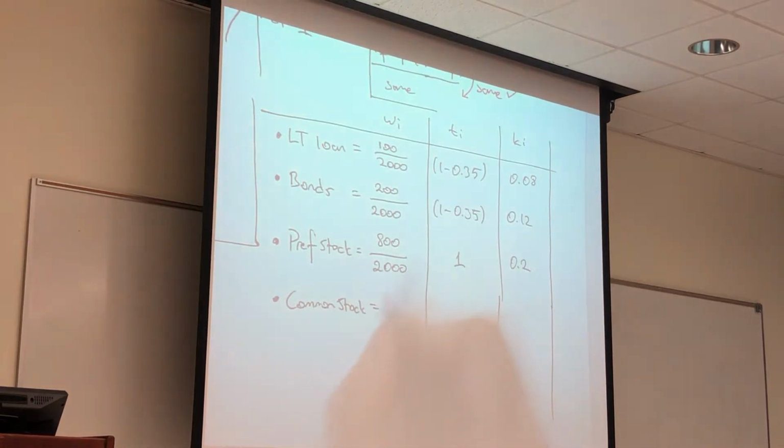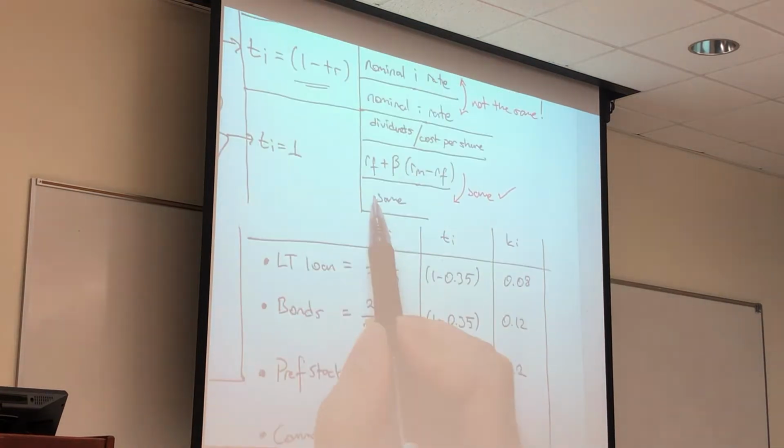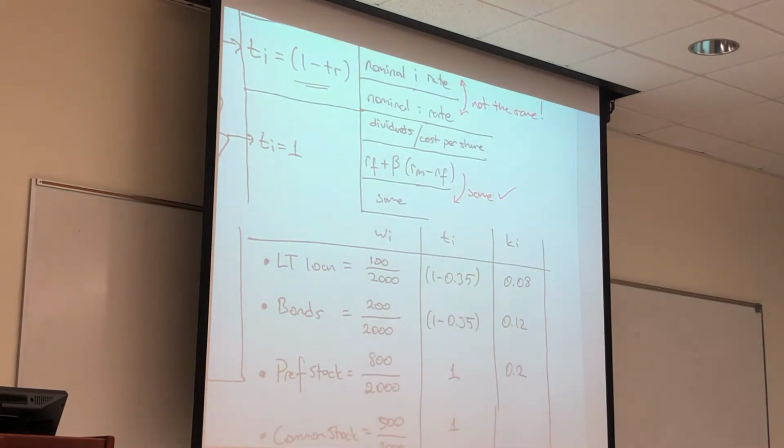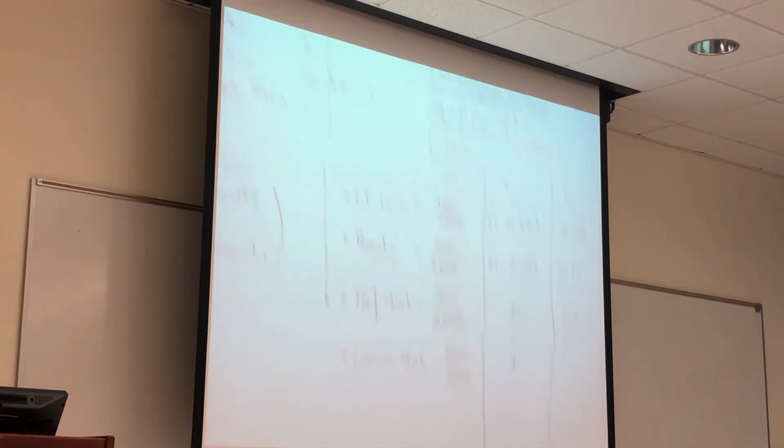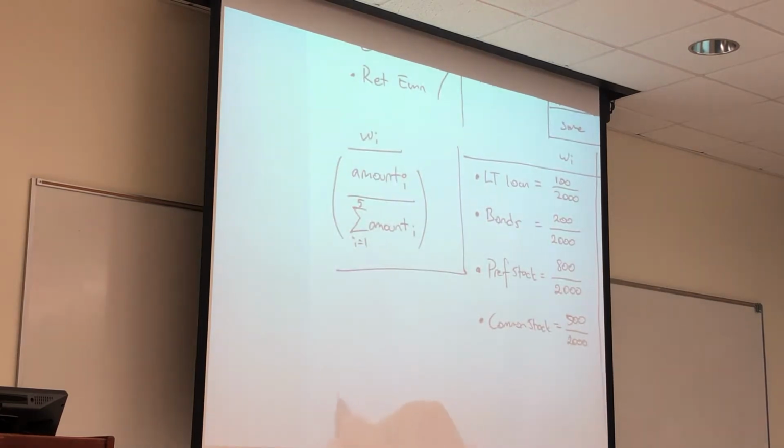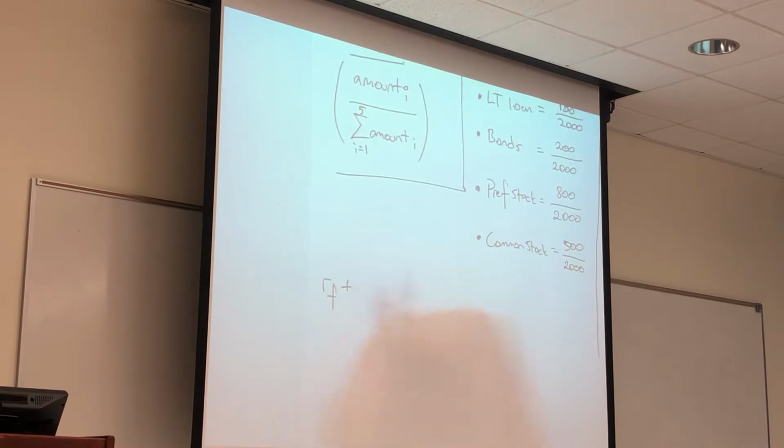Common stock has an amount of 500 divided by 2,000. Again, tax will remain the same. Now we gotta calculate this cool dude here: RF plus beta times market minus risk-free.